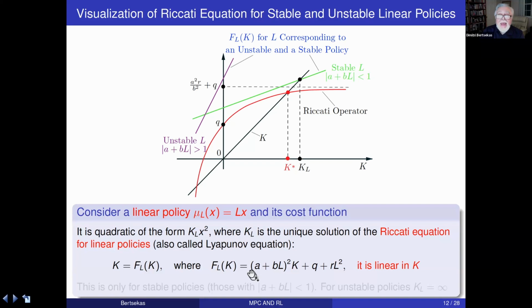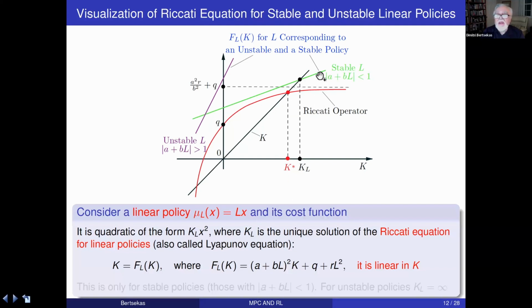So you can visualize these policies in terms of lines. Lines that represent the graph of the corresponding Lyapunov equation. Each policy has a line here, and there are some policies which are stable. These are the ones for which this relation holds: (A plus BL) squared is less than 1.